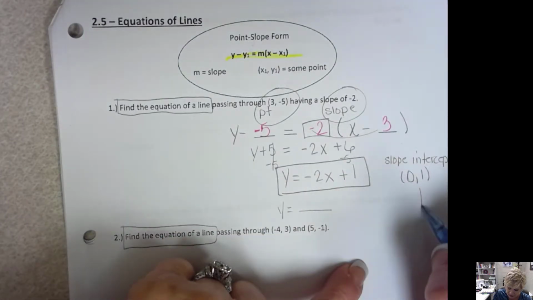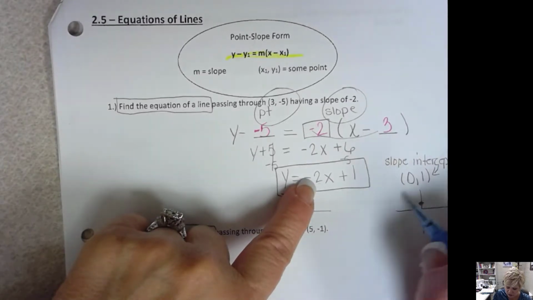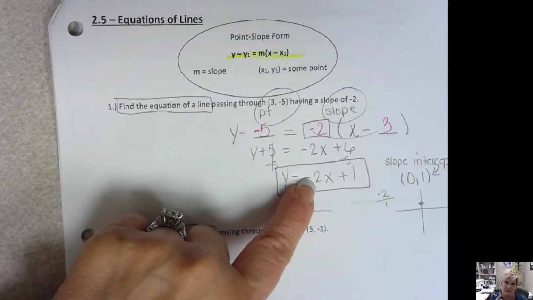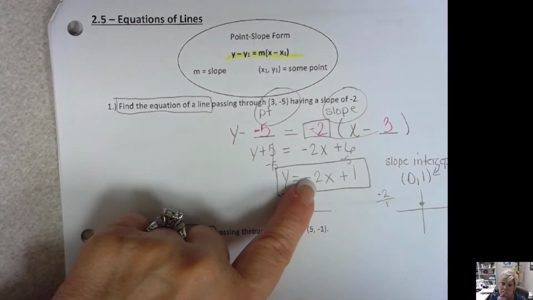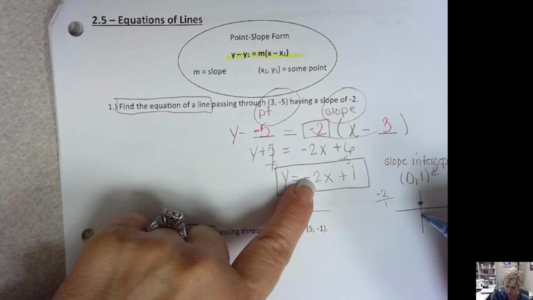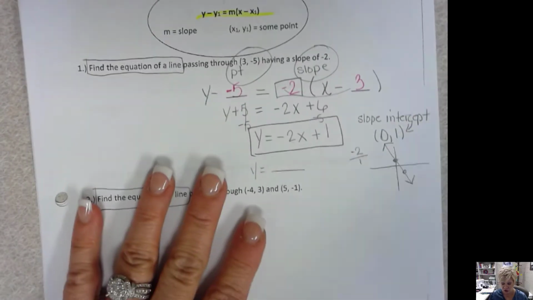So you could graph that line, start at your intercept, which is 0, 1, and then apply your slope, which is down 2 and over 1. Remember that every whole number is over 1. Down 2 over 1. There's your line if we graphed it. So that's the whole picture.